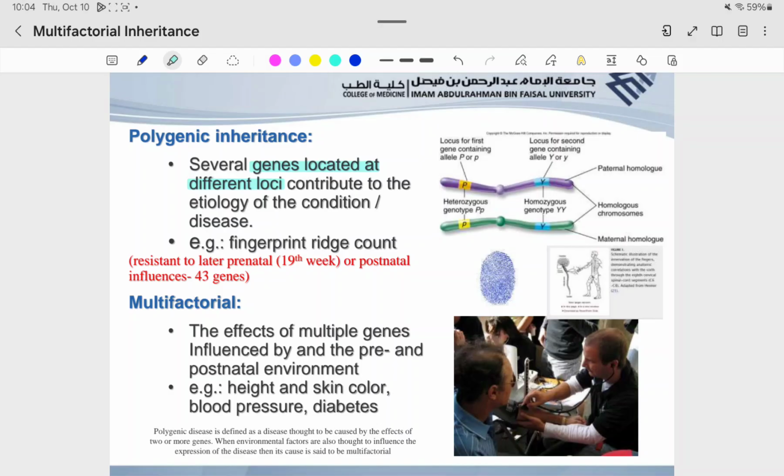It is developed, or influenced, by over 43 genes, each one contributing a little. So if somebody asks me to give a polygenic example, listen to me, polygenic, not anything else yet, I will say fingerprint.